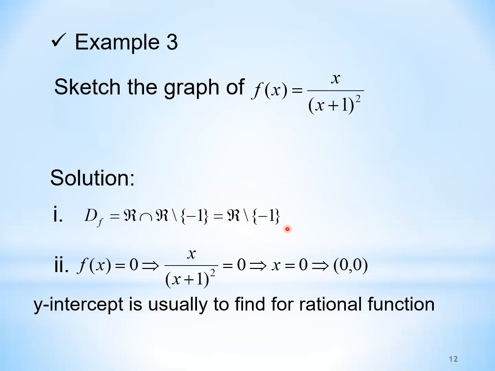Why? Because if we include the x value -1, then -1 plus 1 gives 0 over here. We cannot have 0 as our denominator, remember?